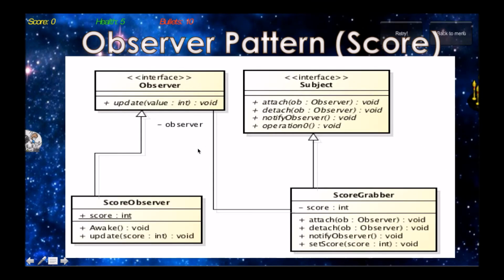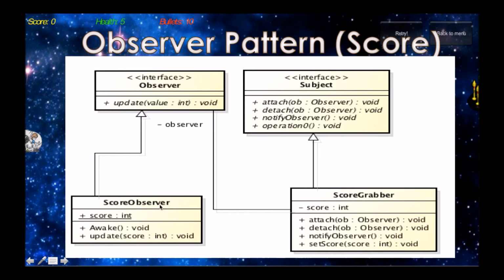This is the diagram for our observer pattern to increase the score count. In our game, there is a game object player, and score observer is the observer which observes any change in the score count. Whenever the player shoots any enemy in the game, there is an increment in the score count, and this is observed by our observer, that is score observer, which implements the observer interface.